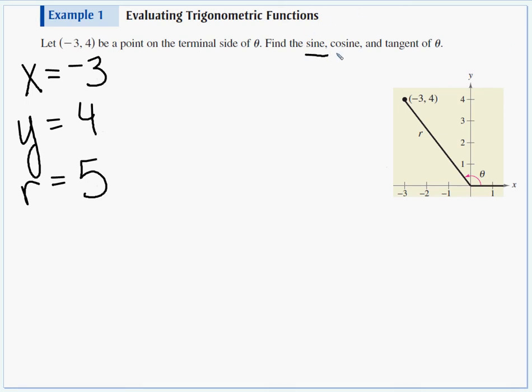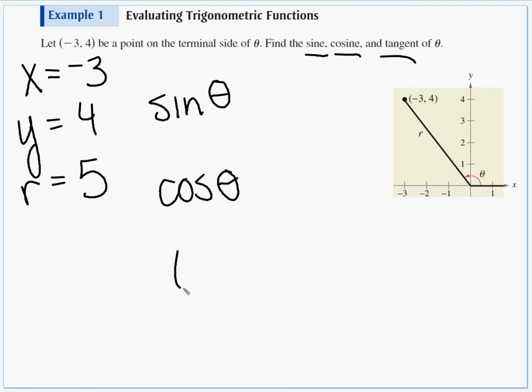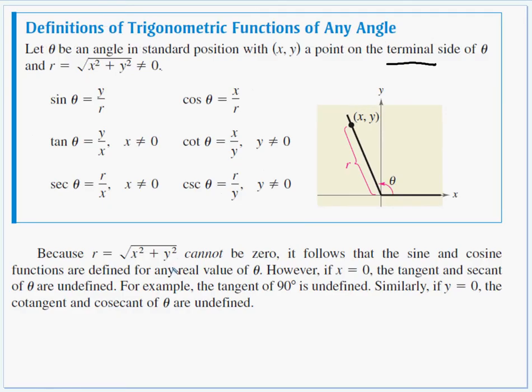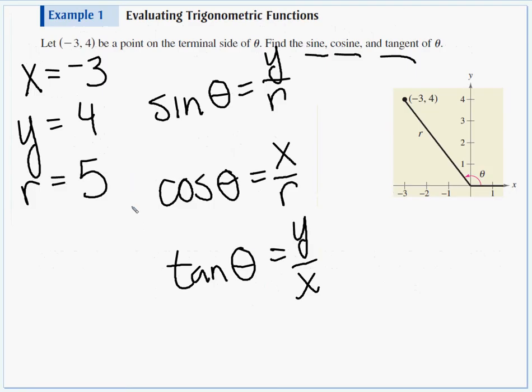And they're just asking us to find the first three: sine of theta, cos of theta, tan of theta. So sine, on that previous slide, we see sine is y over r, cos is x over r, tan is y over x, from right there. And now we just plug in our values. So let me switch to a red ink.